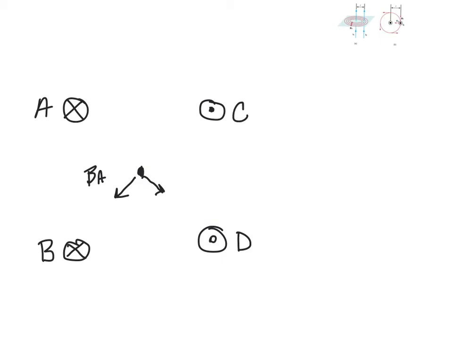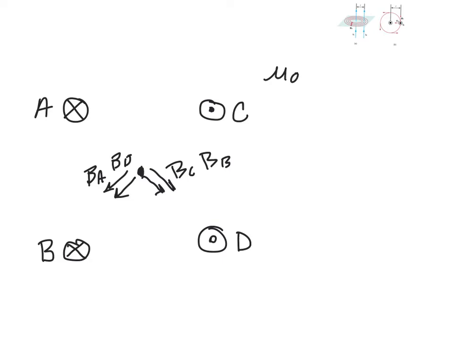C goes in the same direction as BB, so that's BC, BB, and BA and BD are the same.